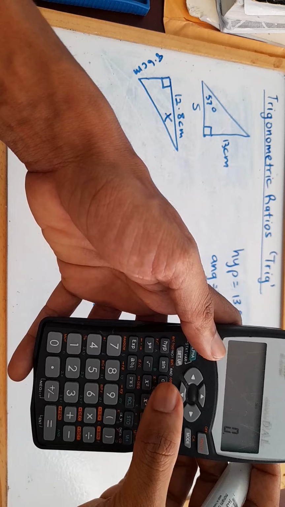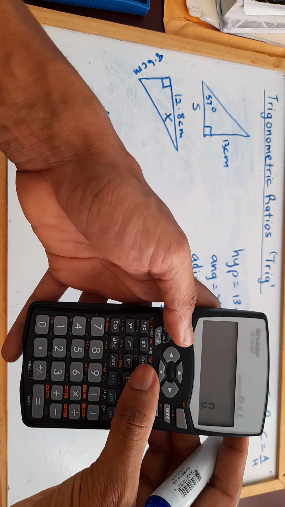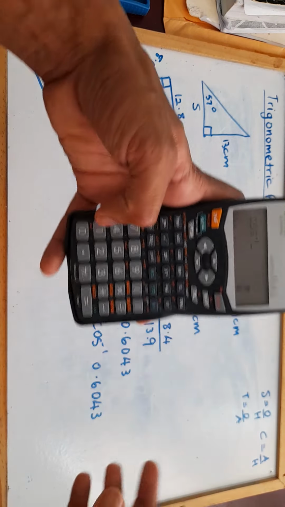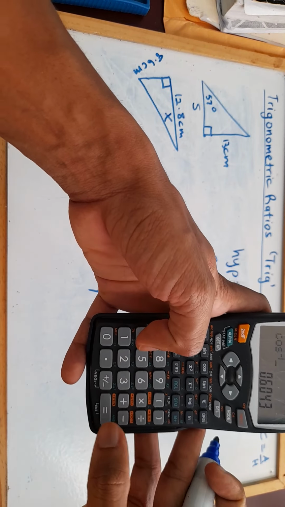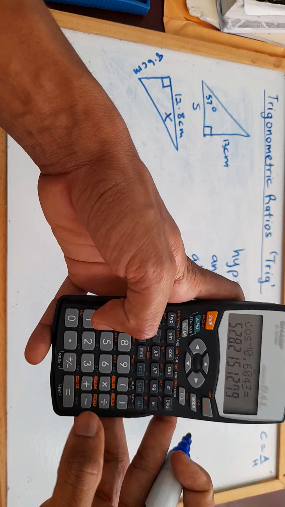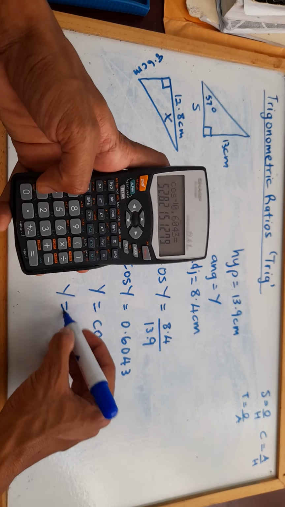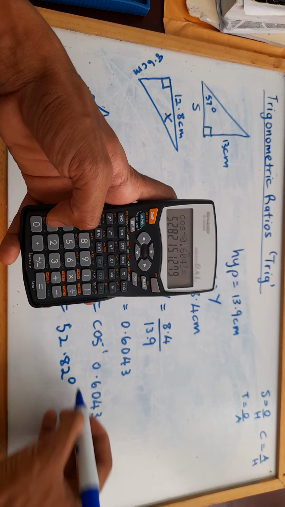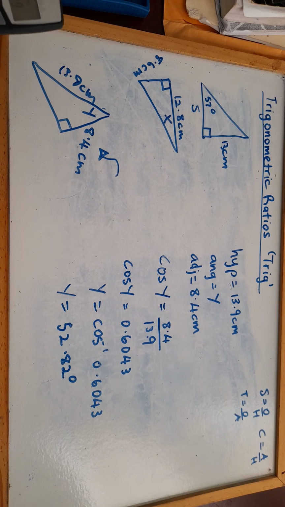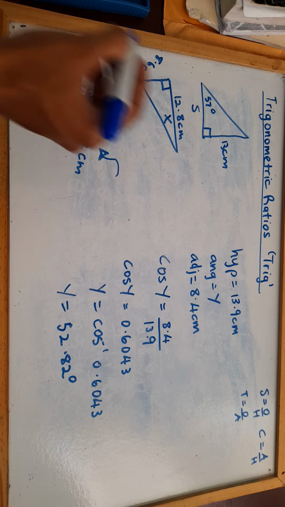So the cos inverse is generally above the cos button. So the second function, cos inverse, and then you type in your value, 52 points. So y would equal 52.82 degrees. Now move on to our final two examples.